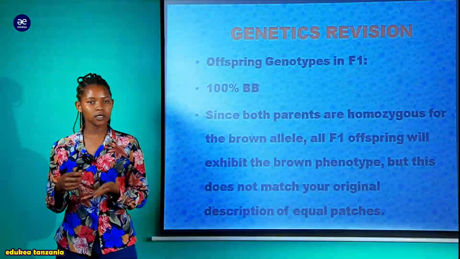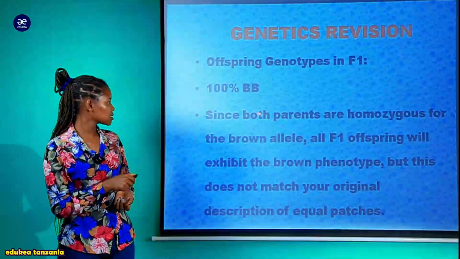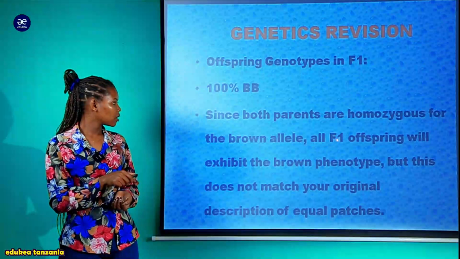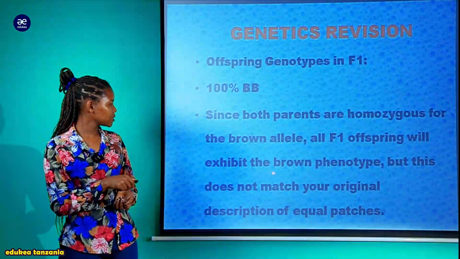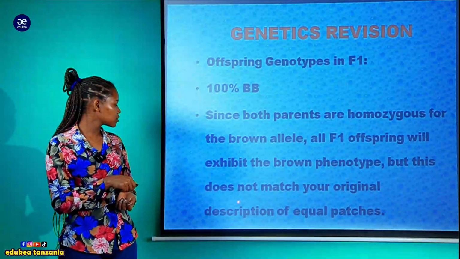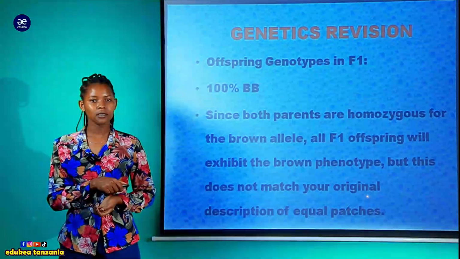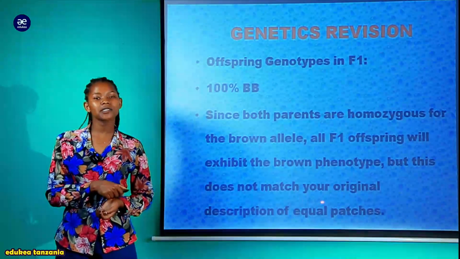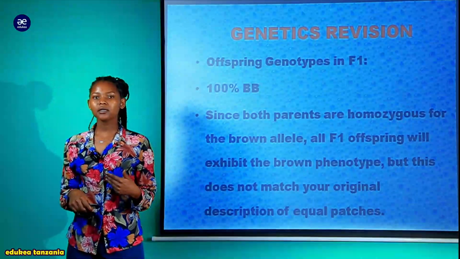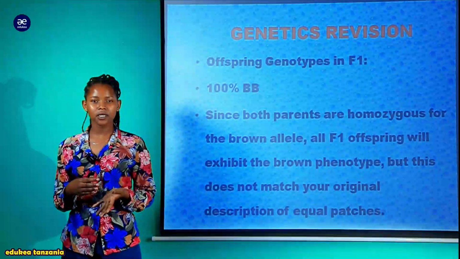Then what shall we do? We come here: since both parents are homozygous for the brown allele, all F1 offspring will exhibit the brown phenotype. But this does not match your original description of equal patches. So this one will not match the original description of the question. I think you understand what I'm trying to tell you.